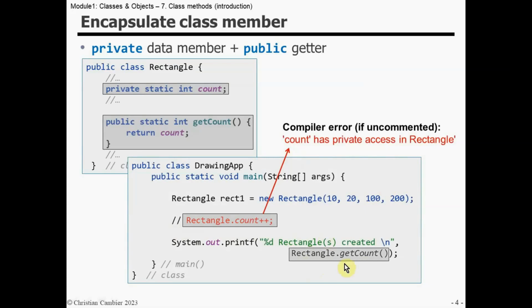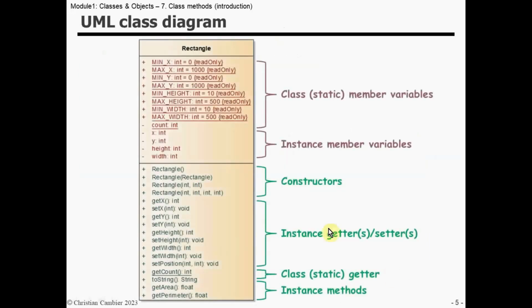And we do that by, just as with class member variables, preceding the class member by rectangle dot. So the output will be one rectangle created. In the UML, the only difference with the previous version is that here we make it private, so a minus sign, and we add a static getter, so a class method.